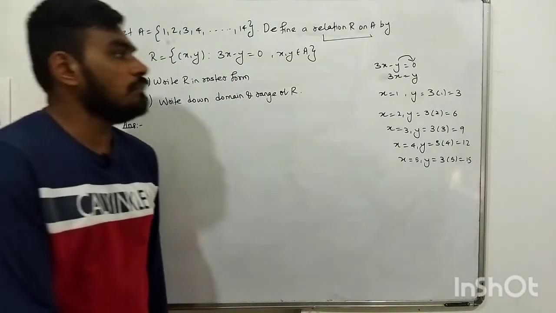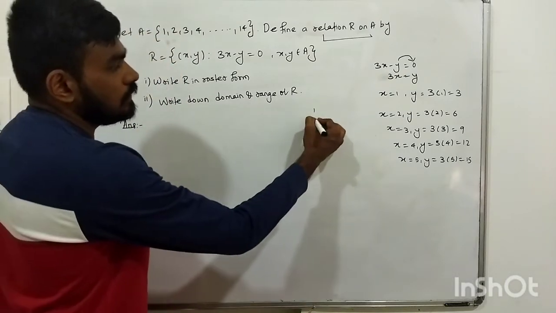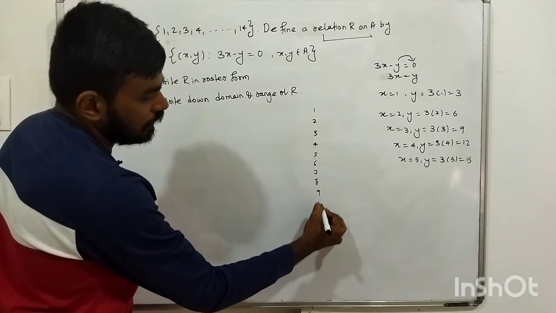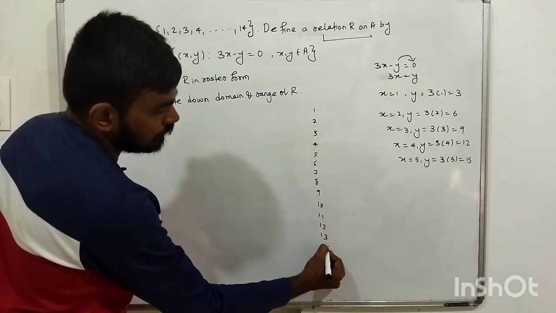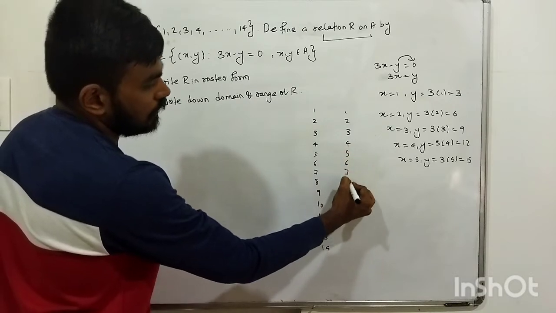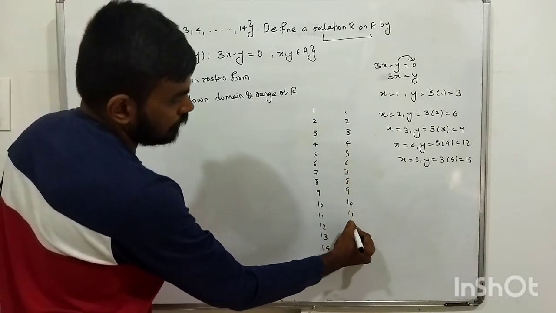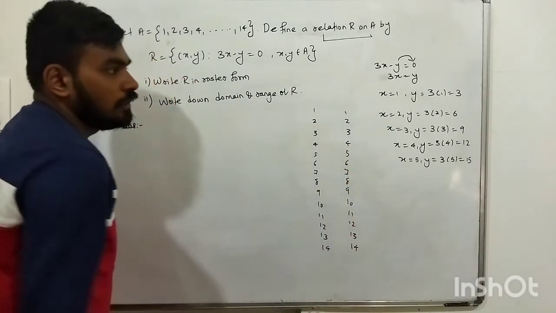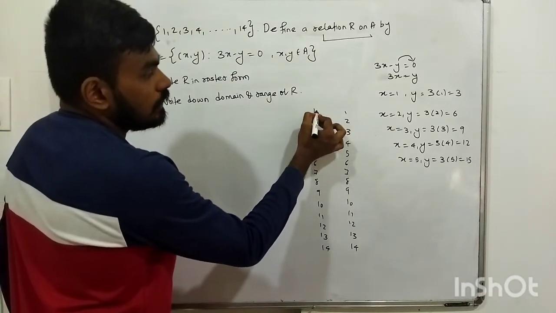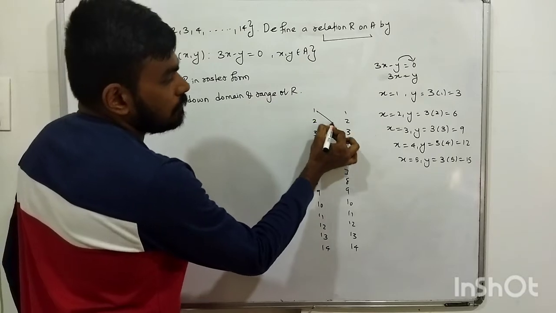In the second set we have 1 to 14, like this: 1 2 3 4 5 6 7 8 9 10 11 12 13 14. So in first set 1 is there and it is paired with 3.